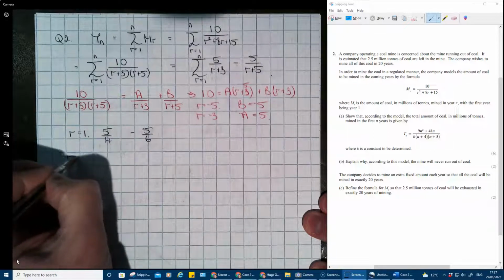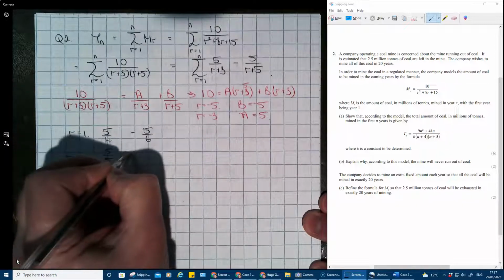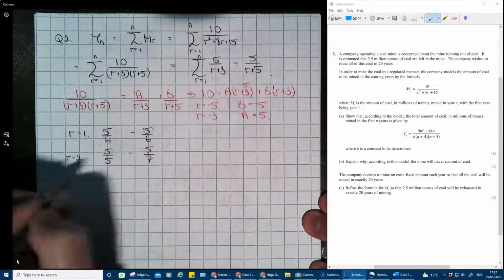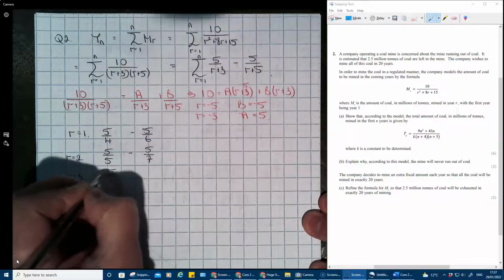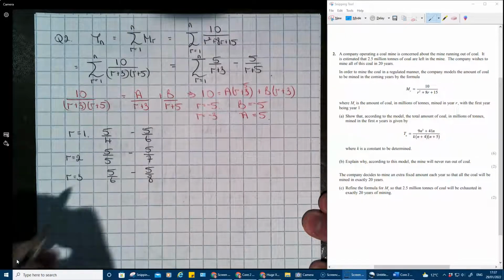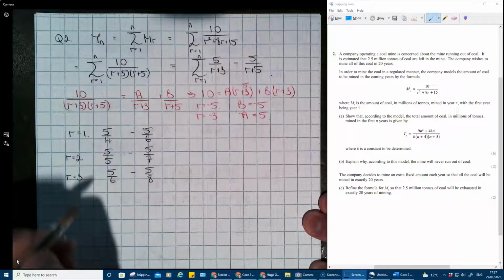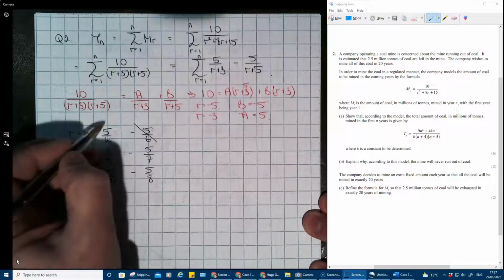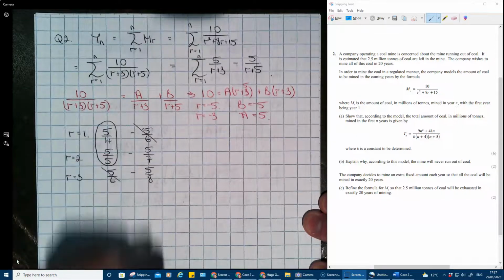R equals 2, we get 5 over 5, take away 5 over 7. R equals 3, we get 5 over 6 minus 5 over 8. So now we can see the cancelling is going to happen two up. This will cancel with this and so on, so we'll be left with these two. Because I'm left with those two, I'm going to be left with the last two as well.